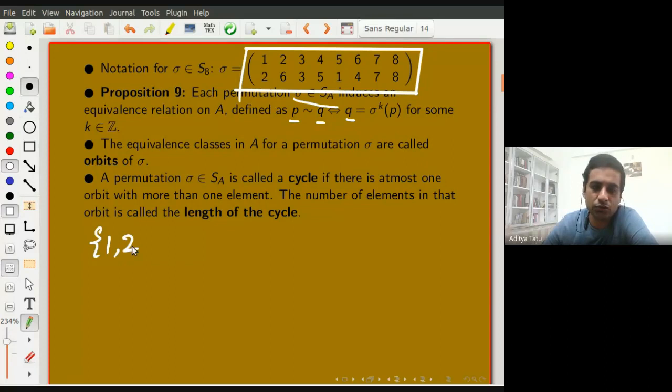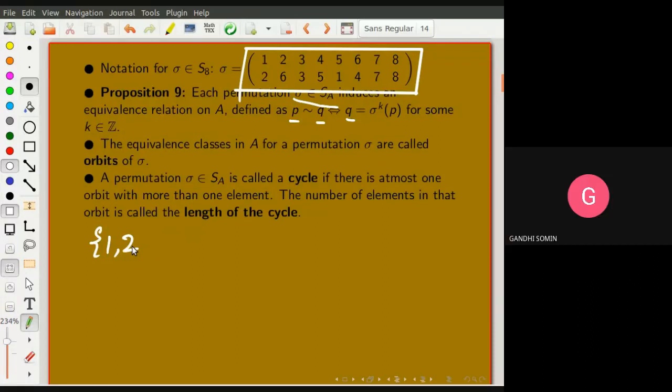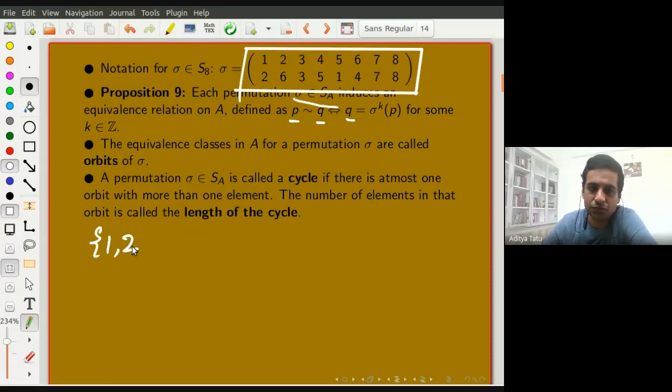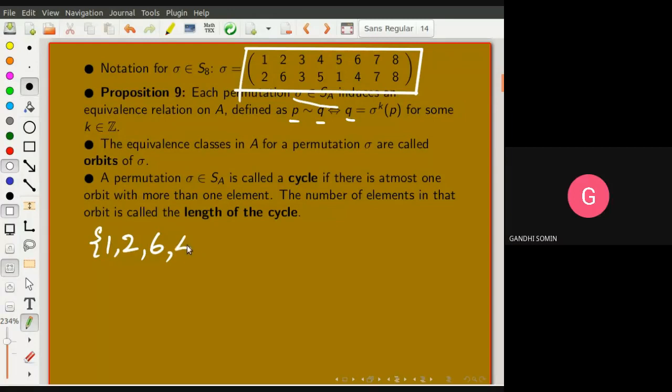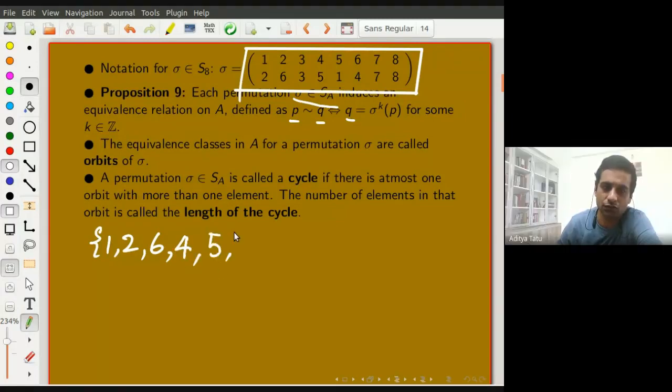If I apply sigma to 2, which is the same as applying sigma twice to 1, what happens? 6. Next, 4, 5, and 1. So 1 is again here, and I need not write it again. So this is one equivalence class.